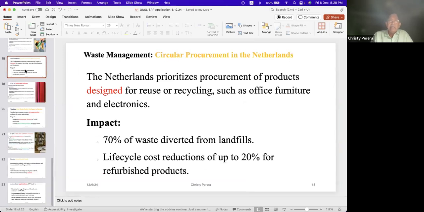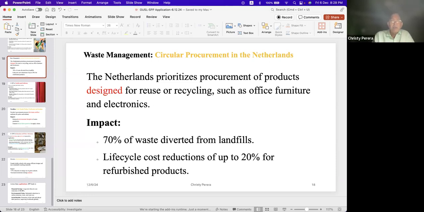Again, we'll take the Netherlands. Here, Italy, I have taken Sweden, Netherlands. Those are European countries. The Netherlands prioritize procurement of products designed for reuse or recycling, such as office furniture and electronics. Impact: the people in all these countries are using the same things, but some countries have special attention.